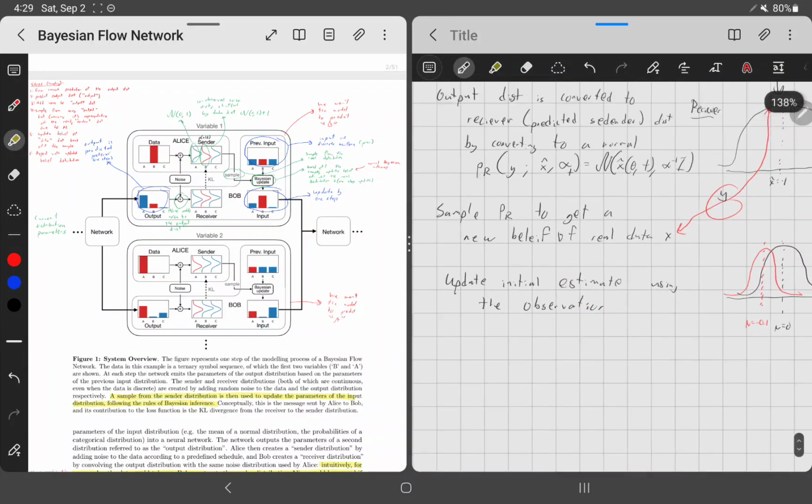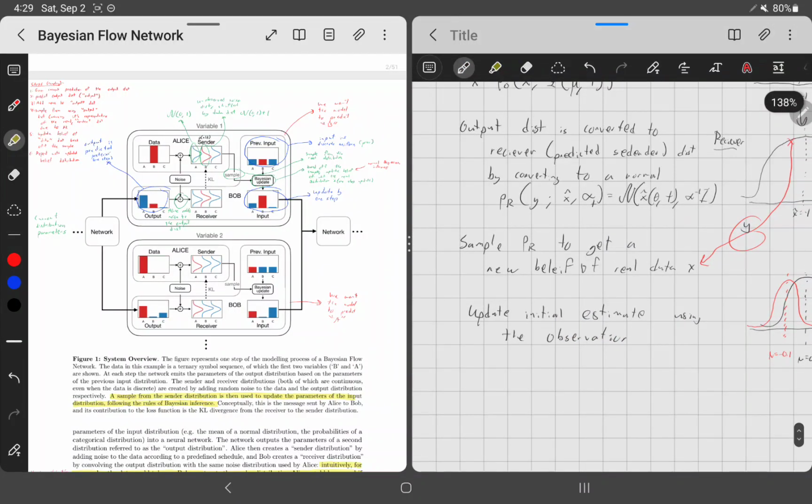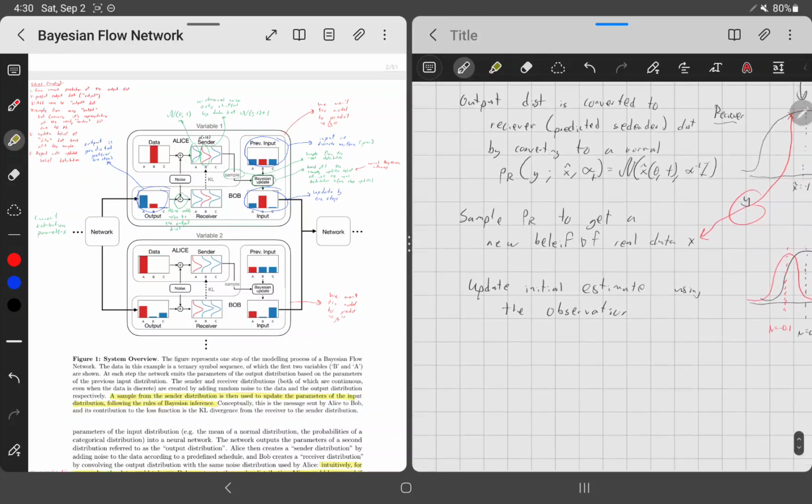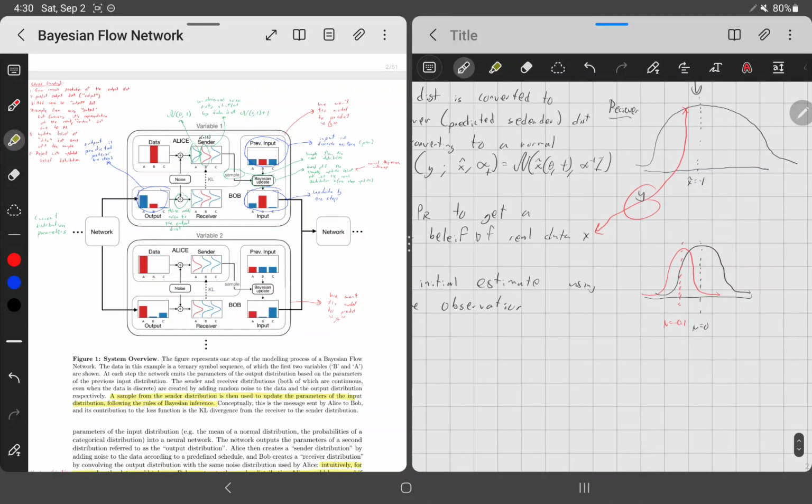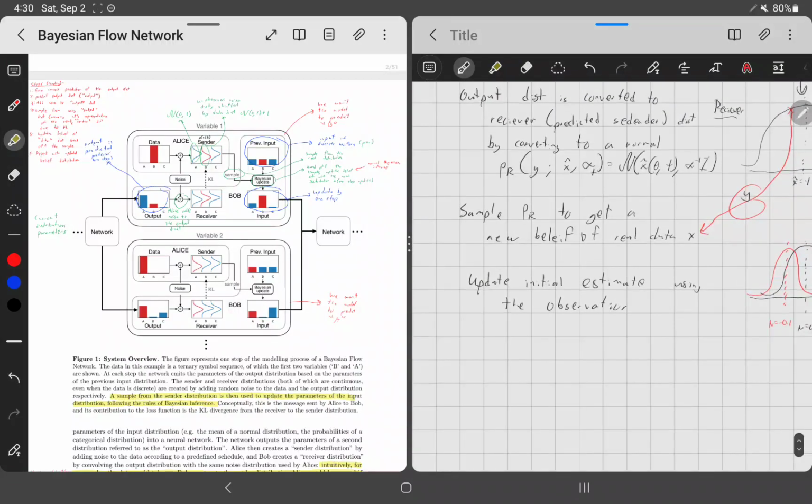Now, as you do this more steps, like I said, your accuracy gets higher, and you're more certain about what this value is going to be. So we take this value, negative 0.1, and we do this over and over and over again.